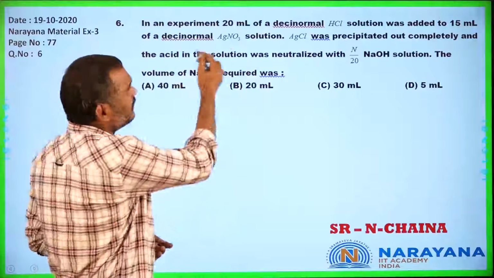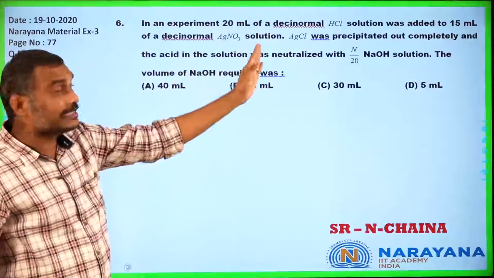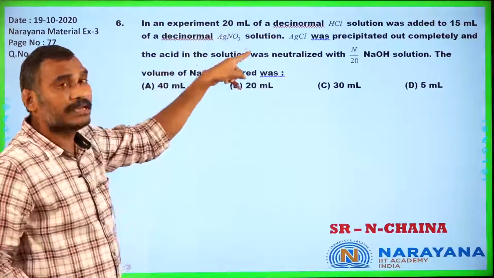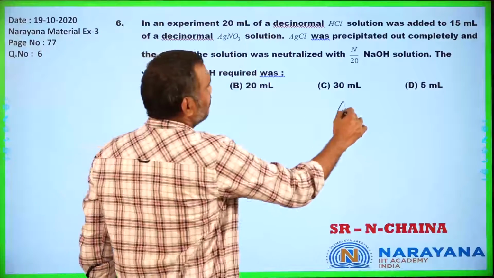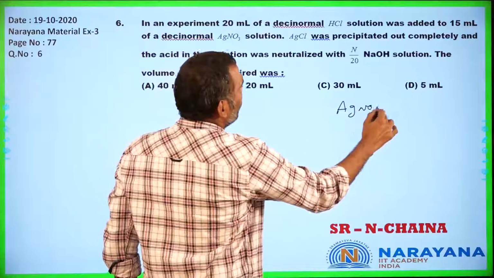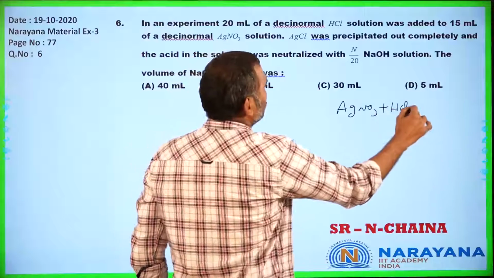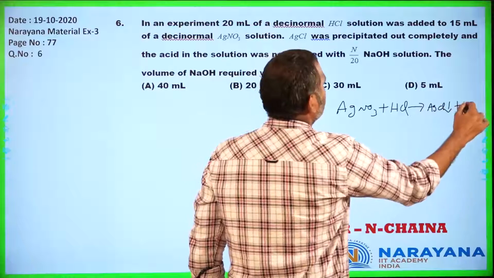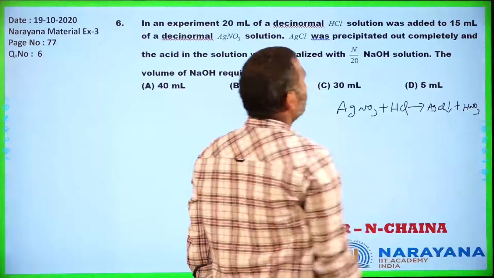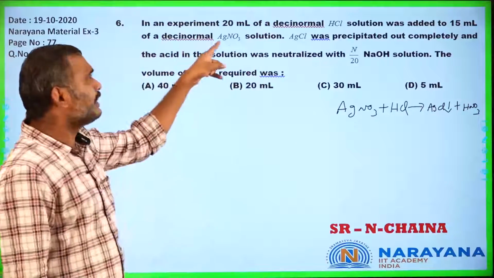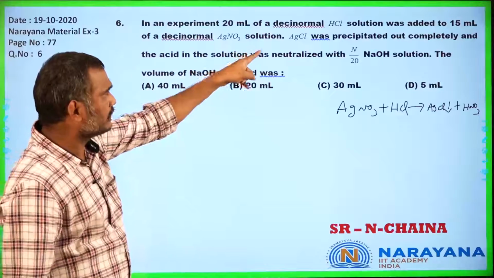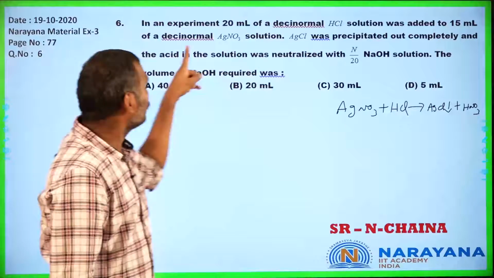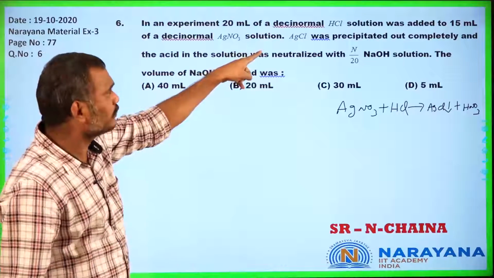AgNO3 upon addition of HCl gives rise to AgCl precipitate plus HNO3. This is the concept: 20 ml of decinormal HCl added to 15 ml of decinormal AgNO3 solution.